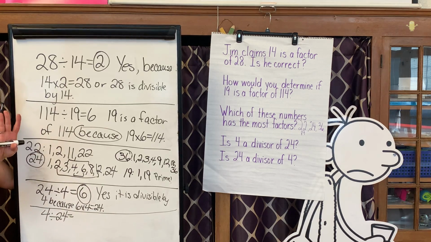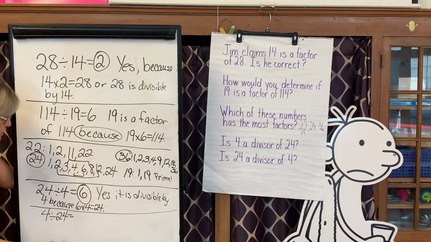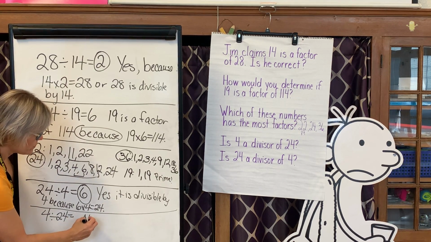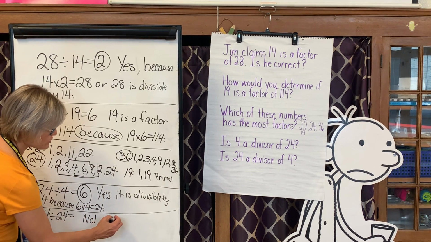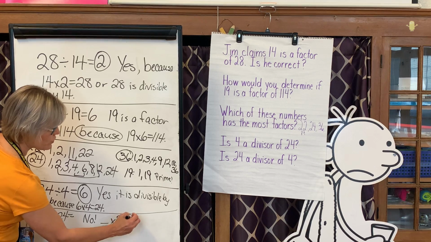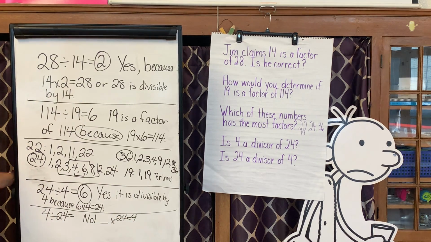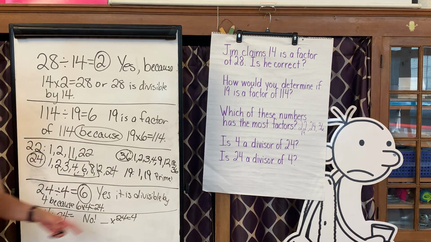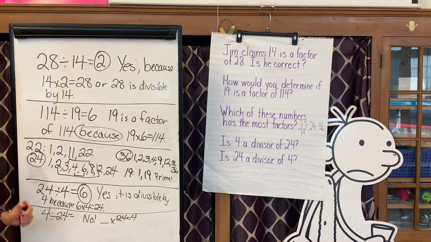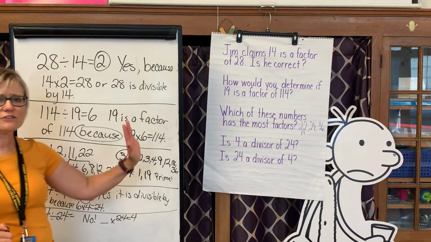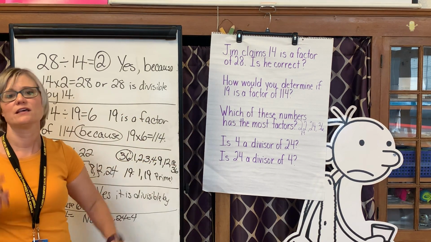No. If I only have 4, I can't put this in groups of 24. So, no. That doesn't work. We can't say something times 24 gives me 4. No. That does not work. So, for the last answer, is 24 a divisor of 4? Nope. Sure isn't.